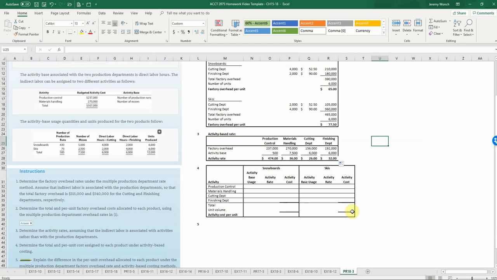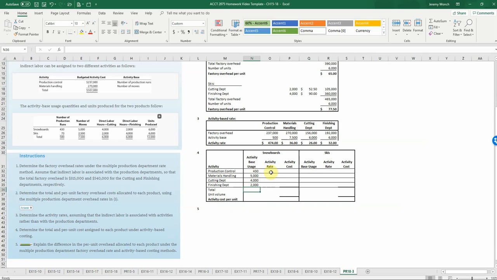So in part number 4, we're going to take our cost on an activity-based rate and apply it to each of our products, our snowboards and our skis. For production control under snowboards, we have 430. Materials handling is 5,000. Cutting department 4,000. Finishing department 2,000. And then we have our rates, which we calculated up here.